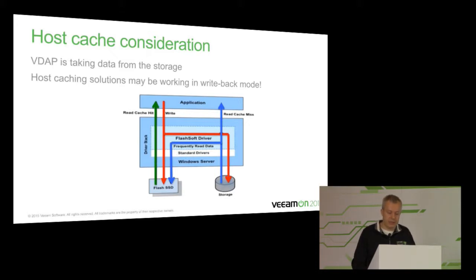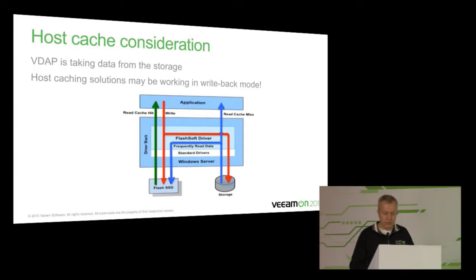You can use a pre-process script to just flush the data and work in this way. Now for VMware, with VAIO, that is a common framework, we can work with the API and make something a little better. But in any case, you have to consider this aspect if you have centralized storage and a host cache solution.